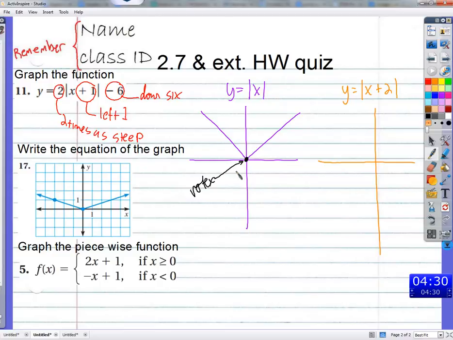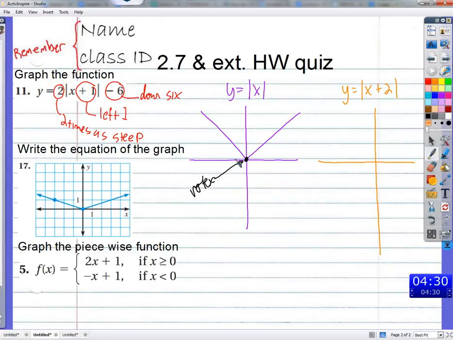And you'll find the vertex wherever the inside of this is 0. Because at 0, there is an output, but the output is nothing, 0. And then as you move to the right, now you start to also move up, and you move to the right some more, you move up some more, and you start to go up this side of the graph.